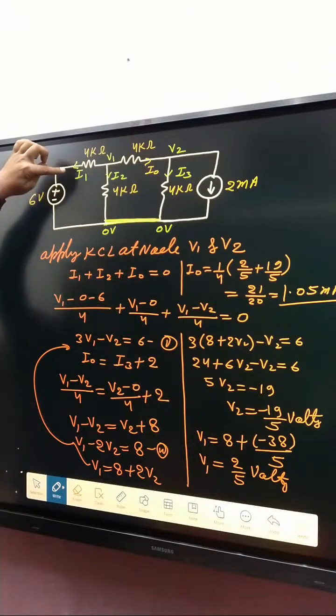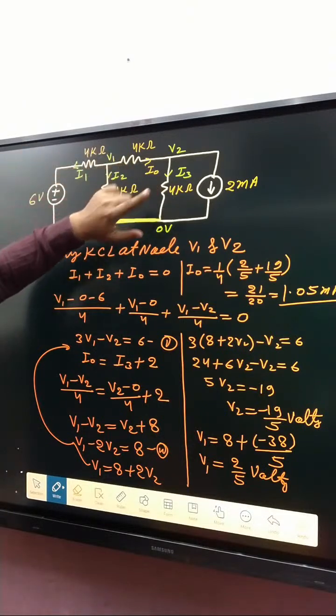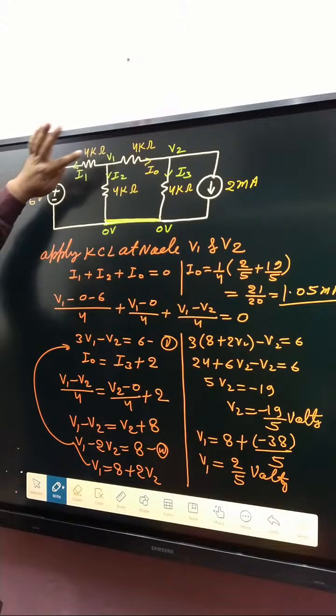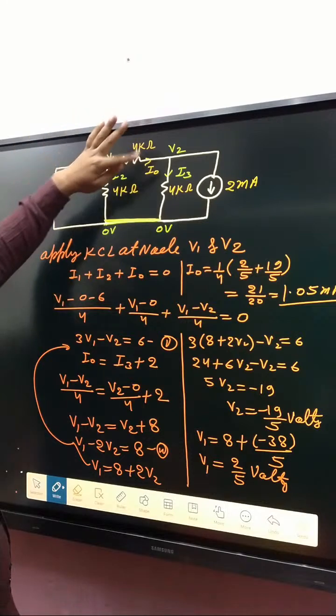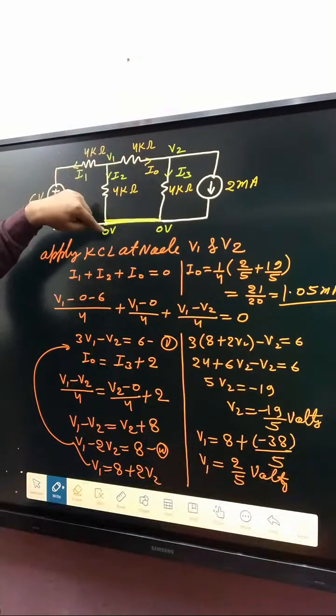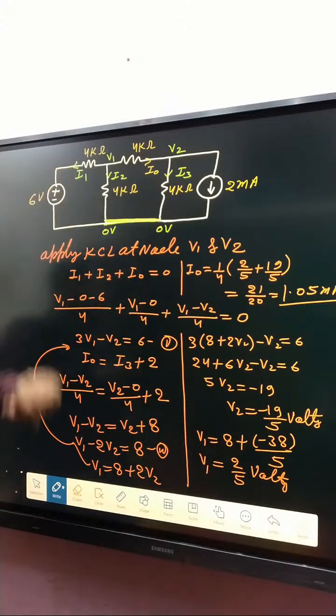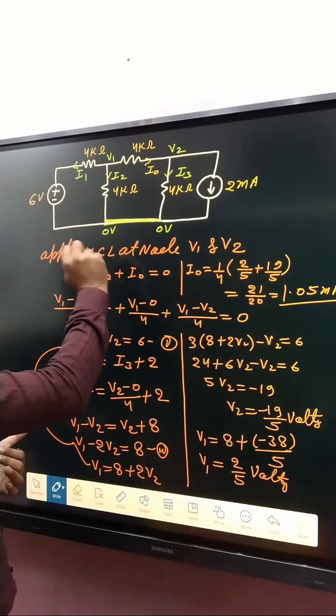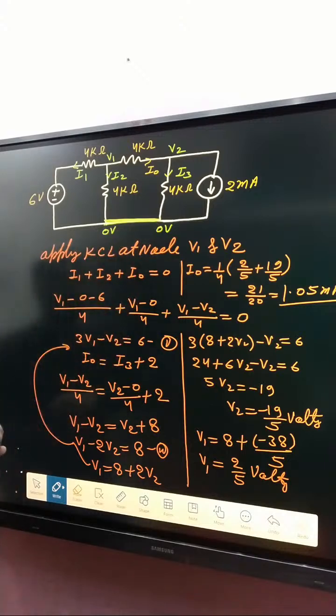First of all, we have taken branch currents I1, I2, I3. After that, node voltages V1 and V2, and V3, V4. After that, one node is taken as the reference node. We have taken that voltage as 0, so that one is also 0. Why? Because both have the same potential.